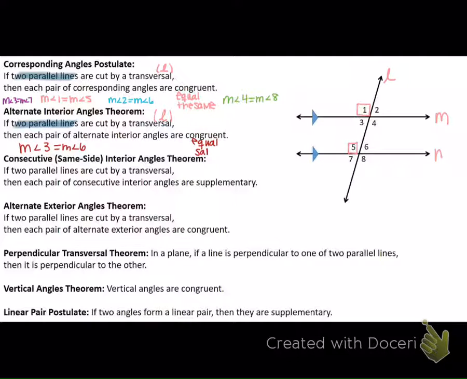Iku, what's the other set there? 4 and 5, opposite sides of the line, L, which is our transversal. Guys, stop. Pay attention. Inside the bread, one's touching N and one's touching M. So 4 and 5.